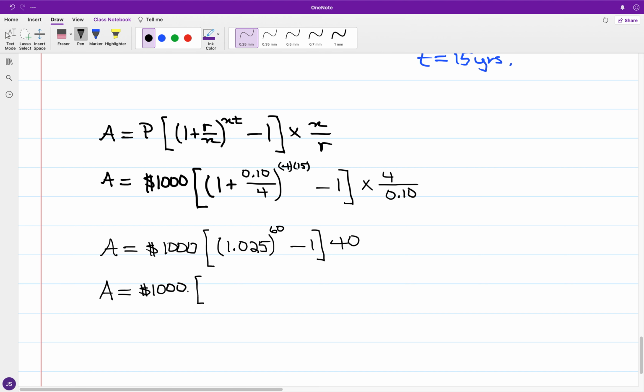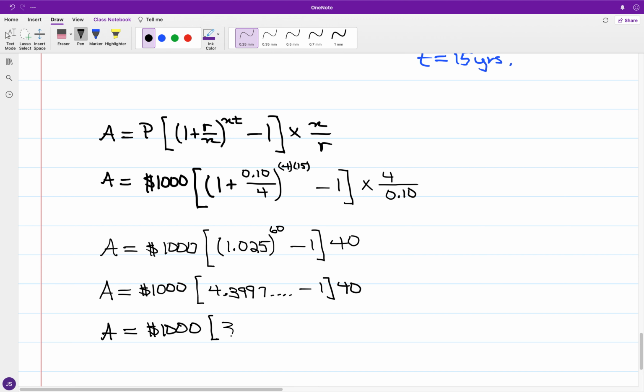And for 1.025 to the 60th, for that figure we have 4.3997 among the first digits. In other words, very close to 4.4.